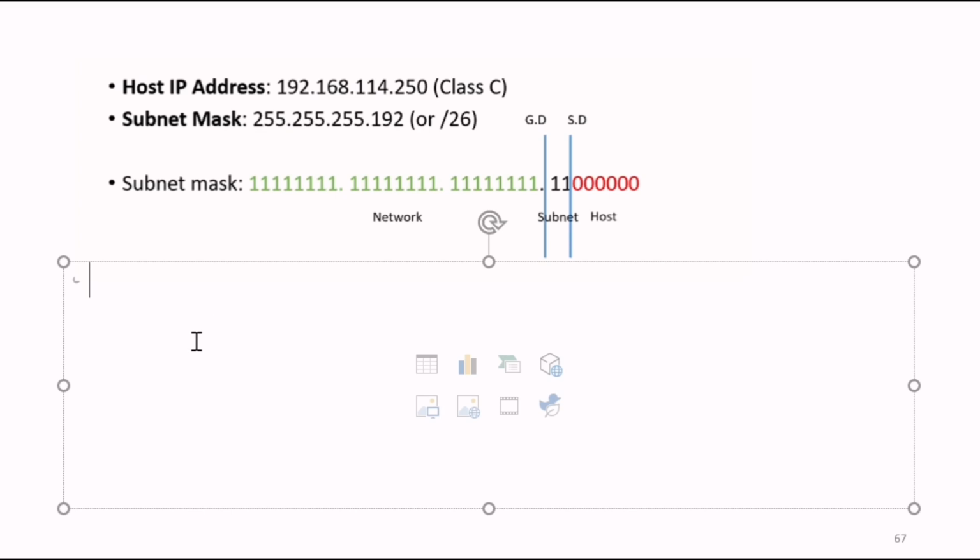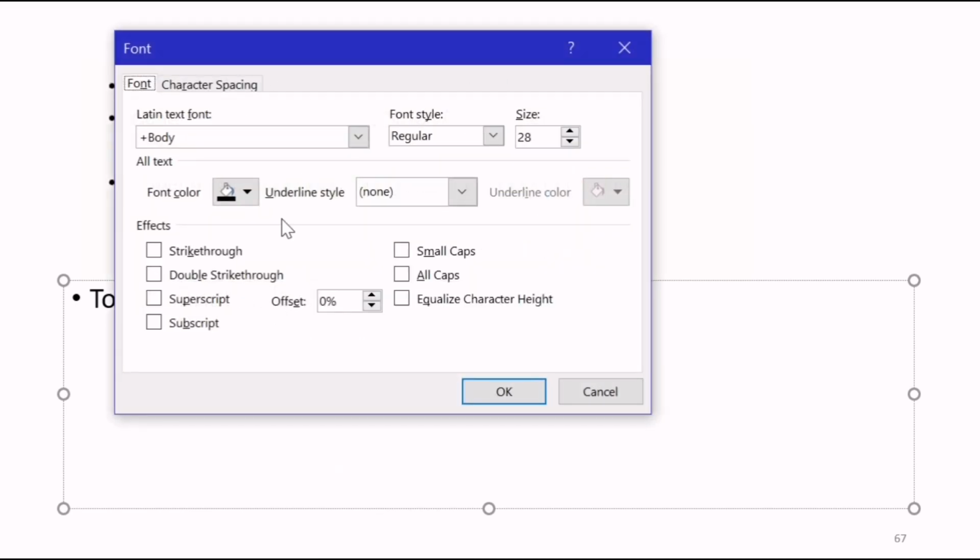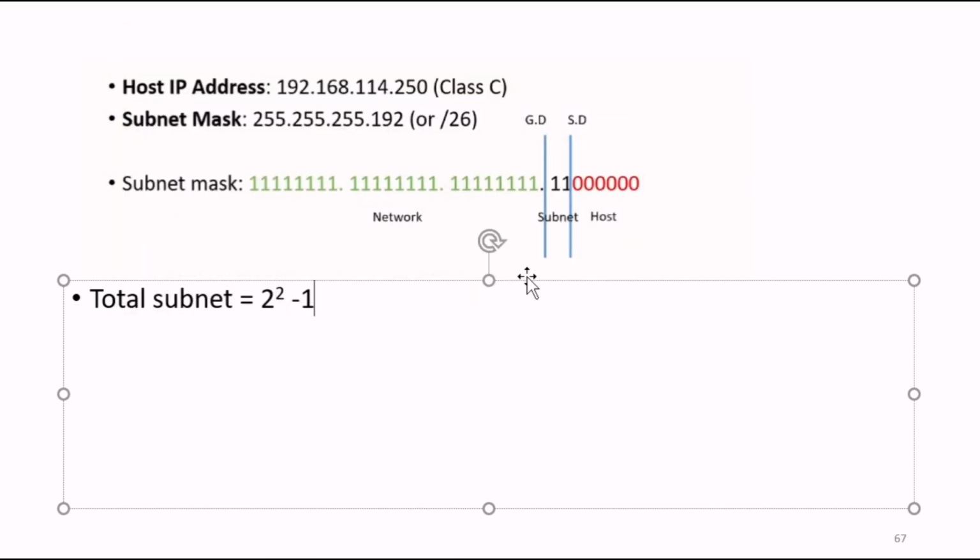Let's look into the total subnets. The total subnets we can find is 2 power of 2 minus 1. 2 here because we have 2 binary bits here, that's why we use 2 power of 2, minus 1 for the broadcast address, we need to minus it, so we get 3 total subnets.